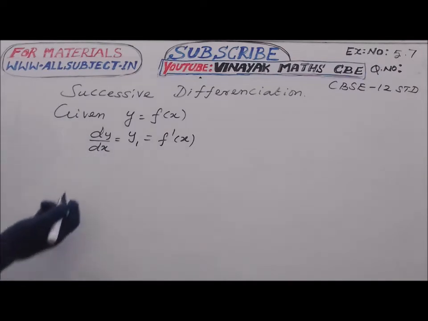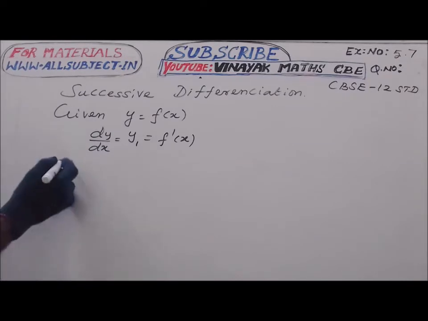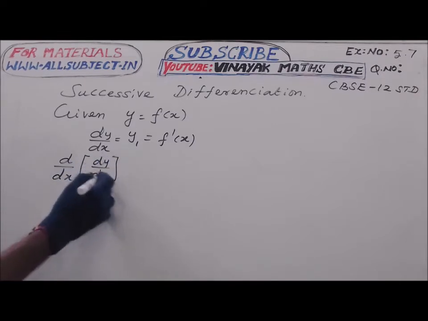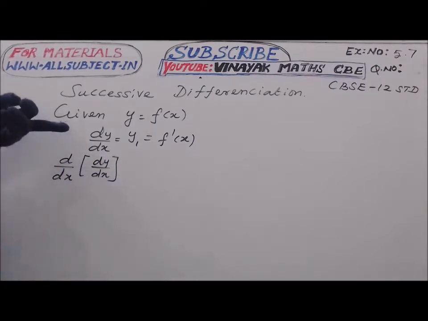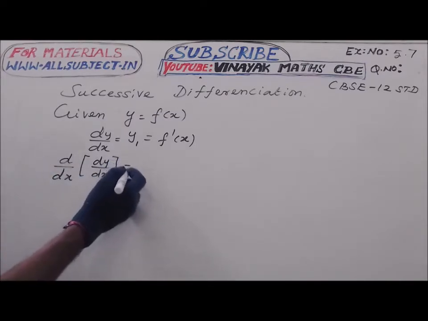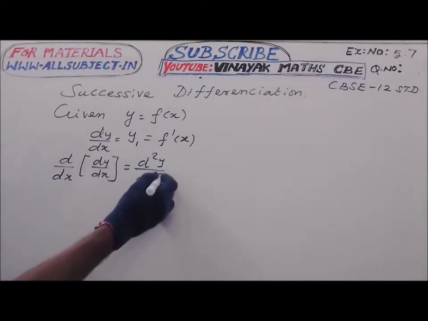Now, differentiating dy by dx with respect to x, that is d by dx of dy by dx. Differentiation of the first derivative is known as d square y by dx square.